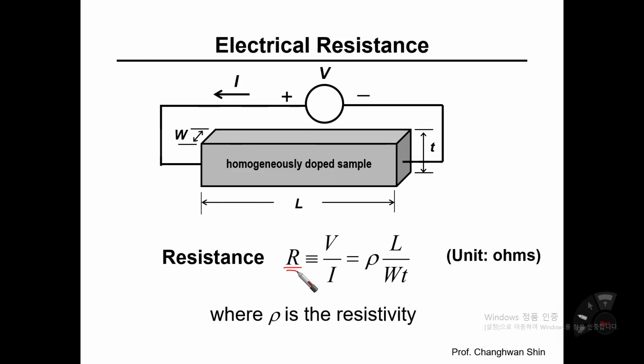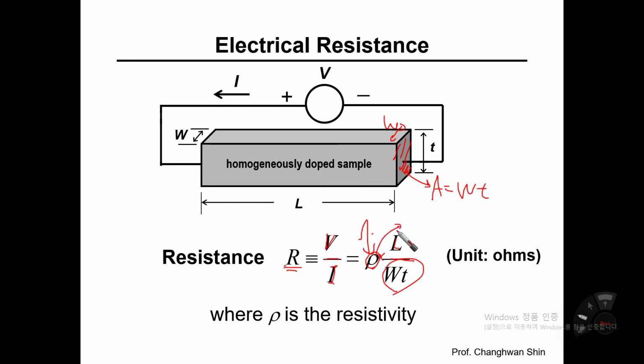Resistance is defined as the voltage that I have applied divided by the current that I have measured. And this R is defined as resistivity times what? Length divided by cross-sectional area. But here the width is W, so this area A is WT. So that is here.